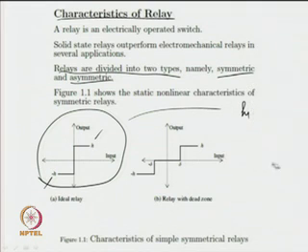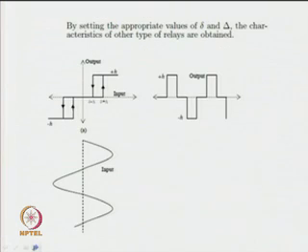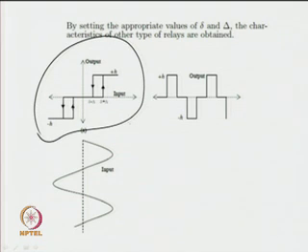Now, a relay with dead zone can be shown like this, where delta is equal to the dead zone. Again, we have relay with dead zone and hysteresis. The input output characteristics of a relay with dead zone and hysteresis can be shown like this.